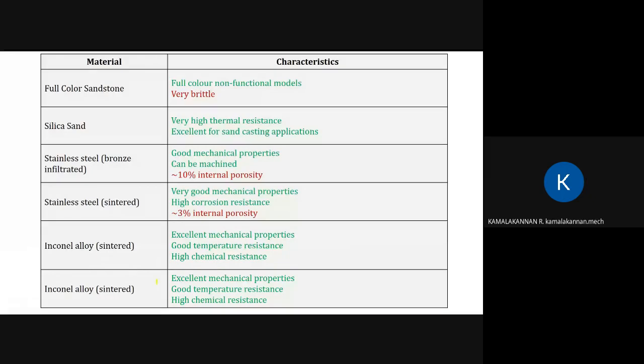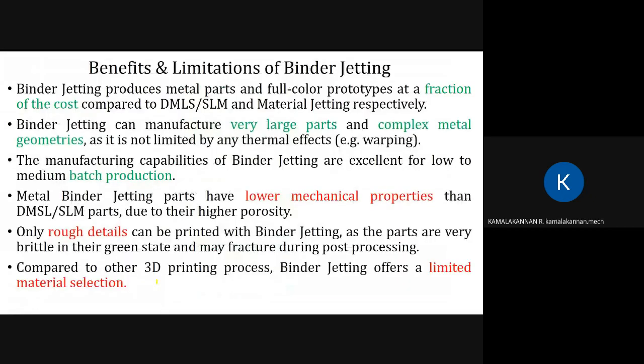Just ignore that. What are the benefits and limitations of binder jetting? The benefits, as I told you earlier, once we have gone through many slides, you might understand the benefits and limitations.